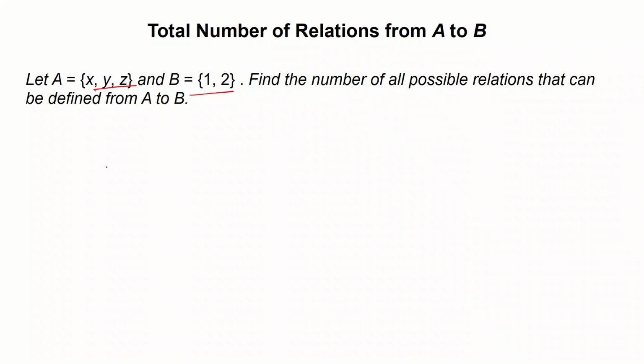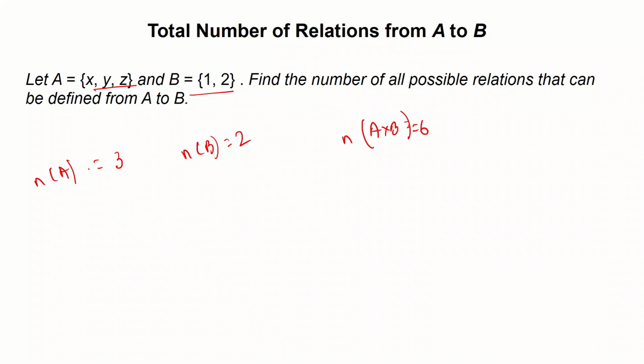So you just have to tell me how many subsets can be formed from its Cartesian product. So we know that A is having 3 elements. So n(A) is equal to 3 and n(B) is equal to 2. That means B is having 2 elements. So A cross B will have 6 elements. We have already seen this result.